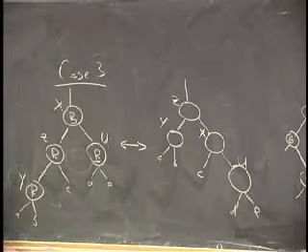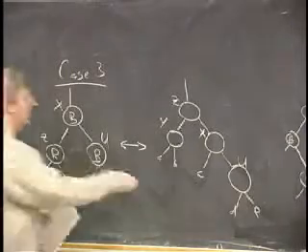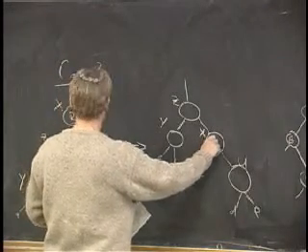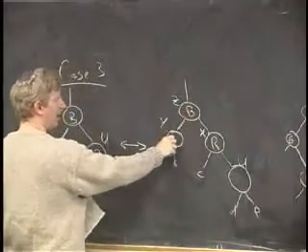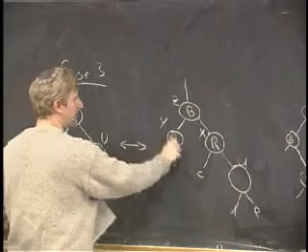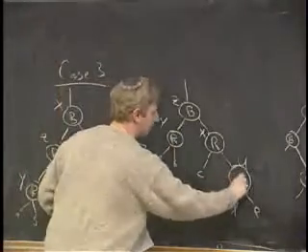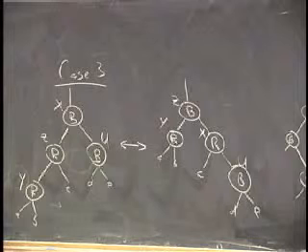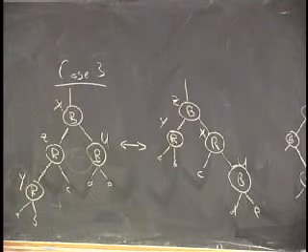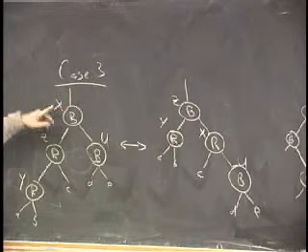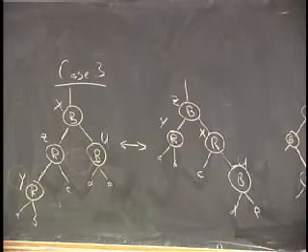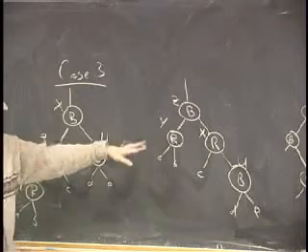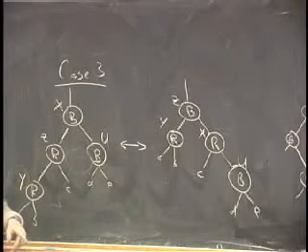Now, how do we color all these? X is red, Z is black, Y is red. And everything else is as before. Look at these two. If before we had the same distance from here down this way as we did this way, try to convince yourself that you still have the same distance as here.